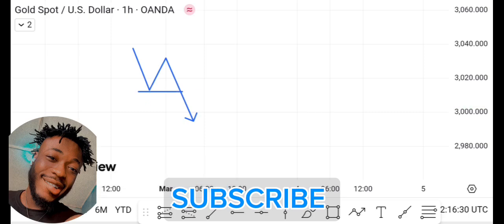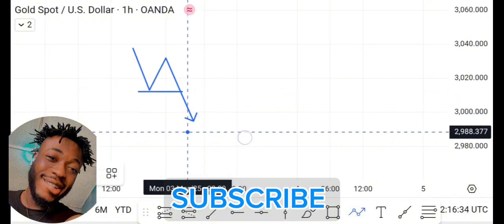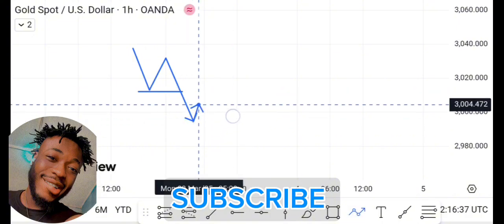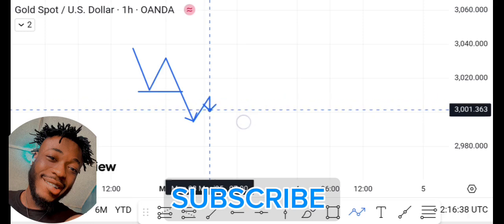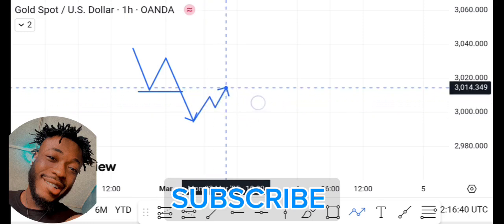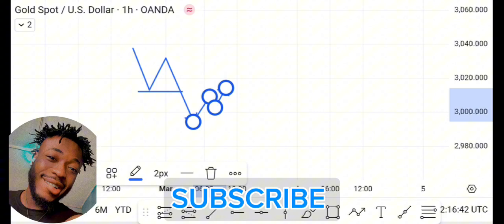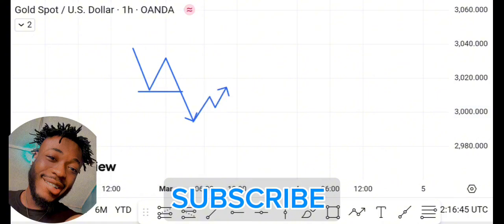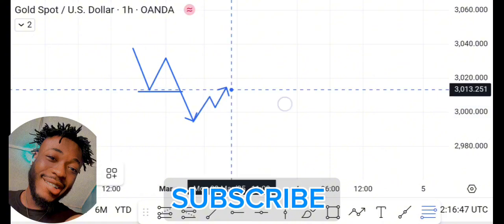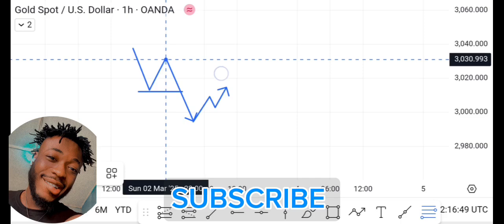After we see this valid break of structure, what do I need to do? When we start seeing price retracing like this, the first thing you want to do is to use your Fibonacci retracement. Apply your fib from the top of the move.